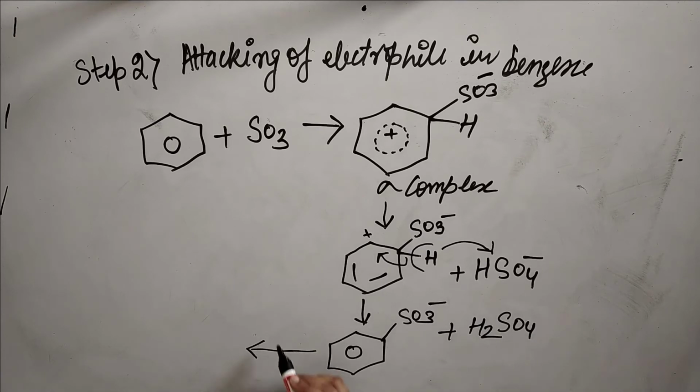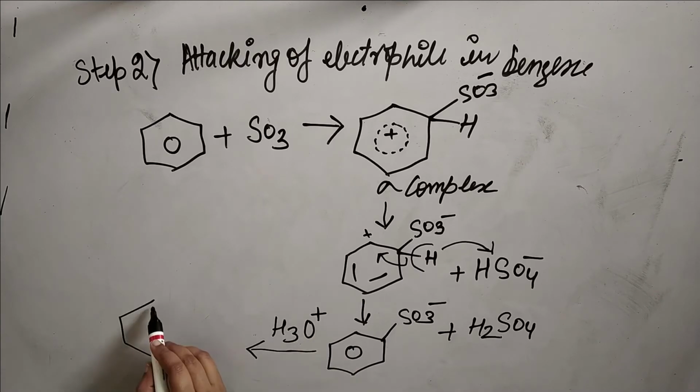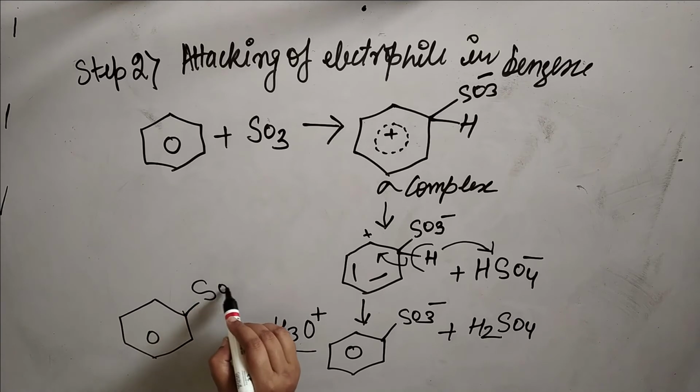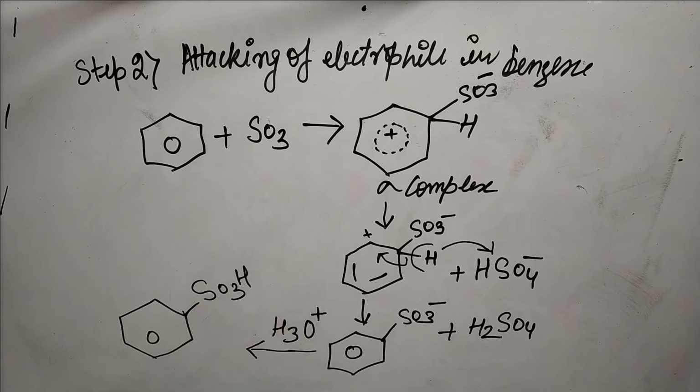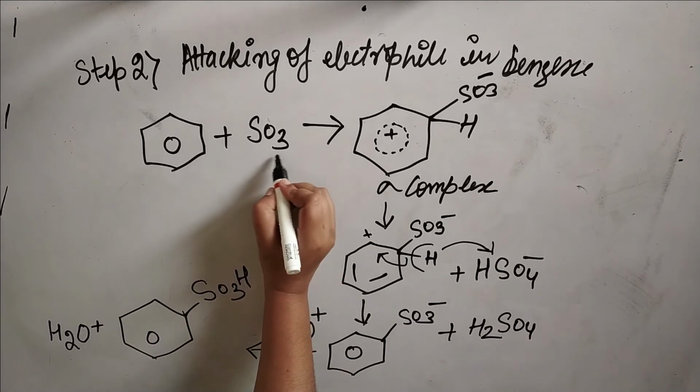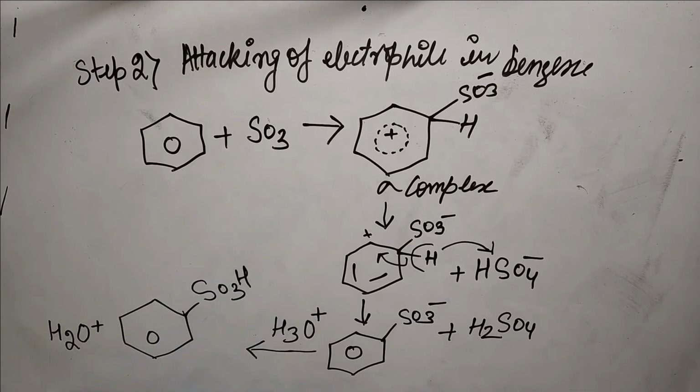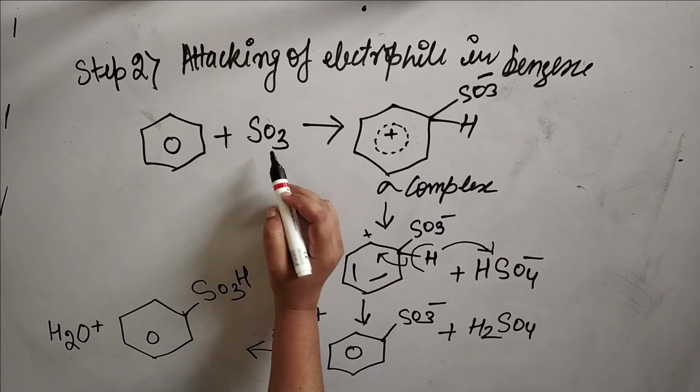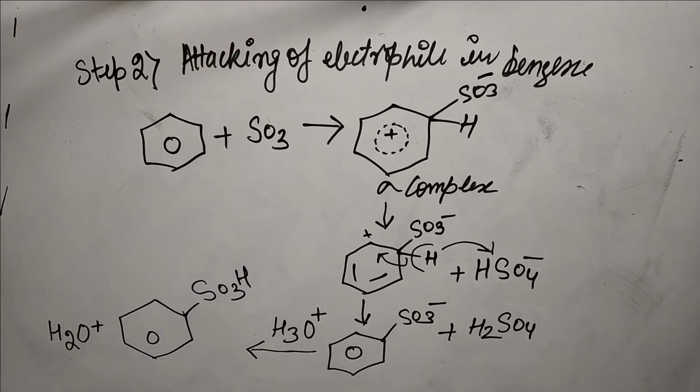This structure reacts with H3O plus, the hydronium ion which was formed in the first step, and the formation of benzene sulfonic acid takes place and one water molecule will form. So all the three components which are generated in the first step are now utilized here. This SO3, sulfur trioxide, is used while attacking the benzene ring.